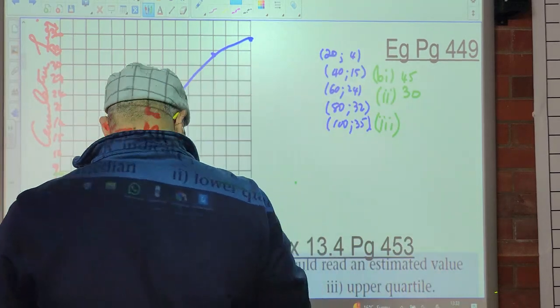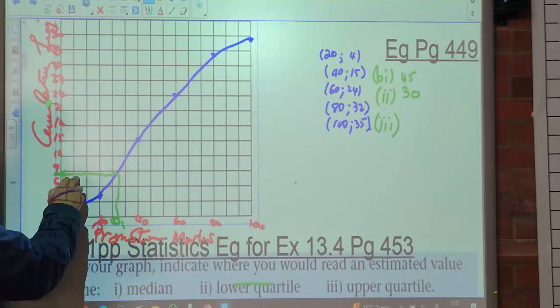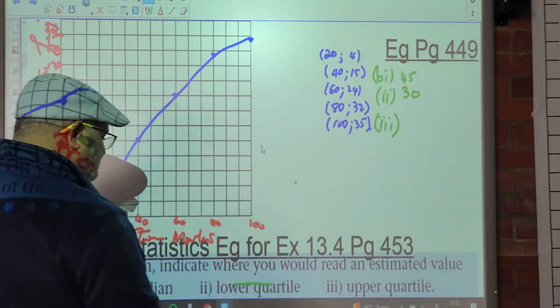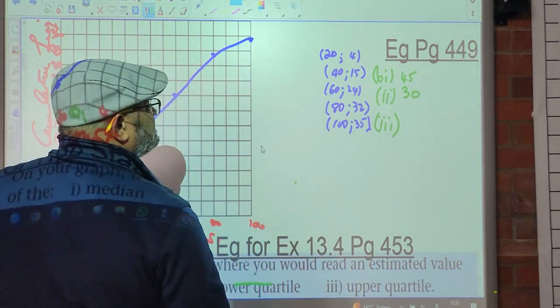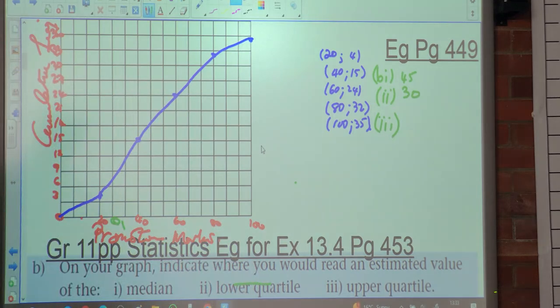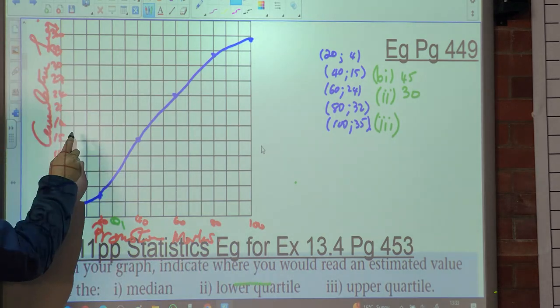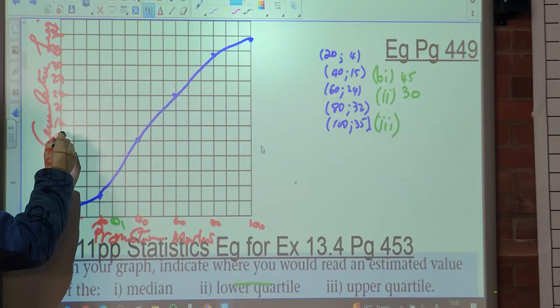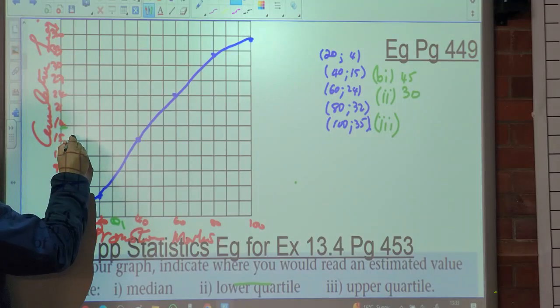Number 3. Now I'm just going to draw in where I read off my median. Well, how do we calculate the median again? It's 35 divided by 2, which is 17 and a half. No? So what I did was, I said 18. So that's 15, 18. So 17 and a half is there, very close to 18.